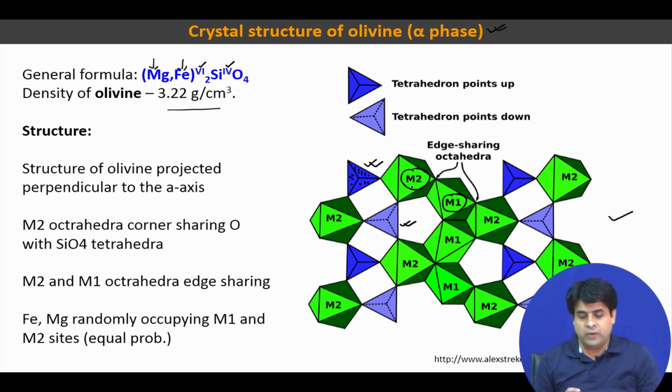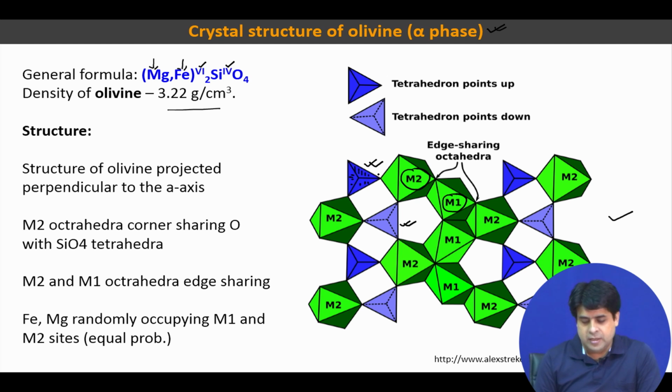Okay. So, if I ask you, if you have a magnesium and an iron atom, which atom will prefer the M1 site and which one will prefer the M2 site? Because the M2 site is larger in size, the larger atom will prefer the M2 site. So, your iron, which is larger compared to magnesium, will prefer mostly the M2 site.